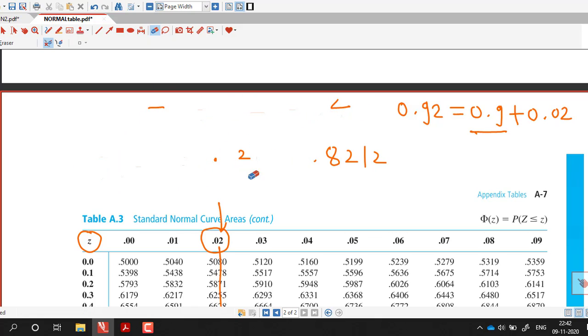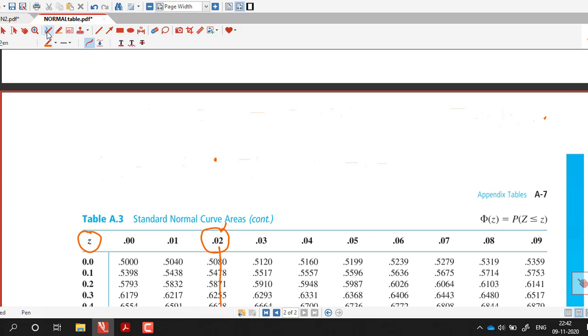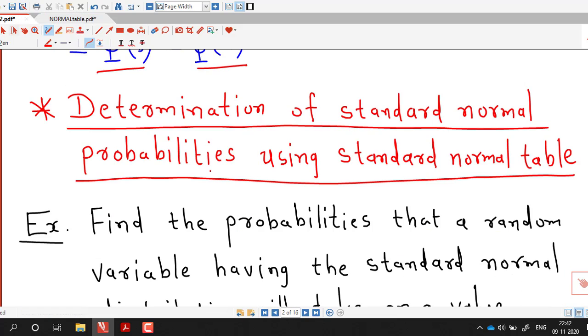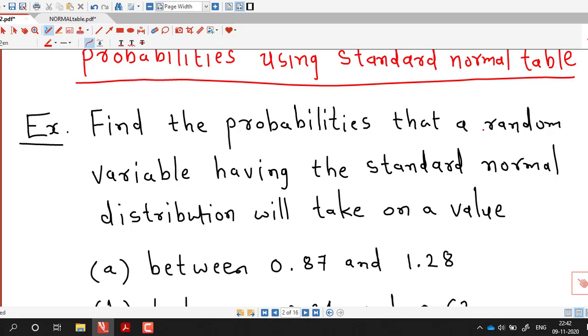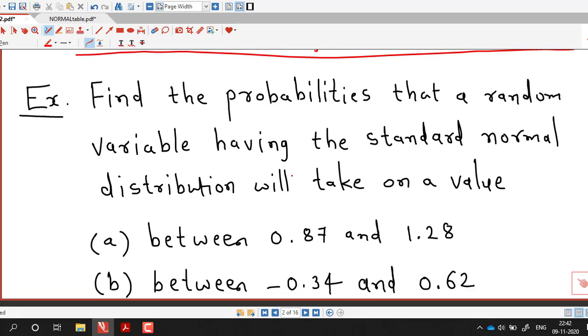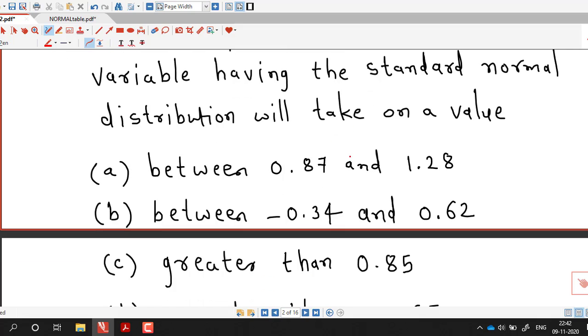So we consider some more examples. Find the probability that a random variable having the standard normal distribution will take on a value between 0.87 and 1.28. That is, we have to find out the probability that 0.87 is less than Z is less than 1.28.